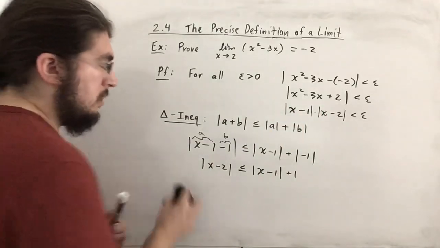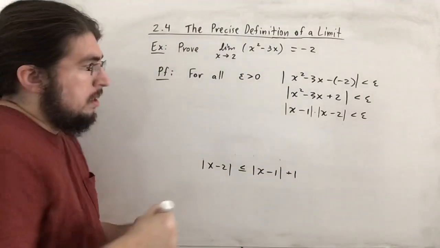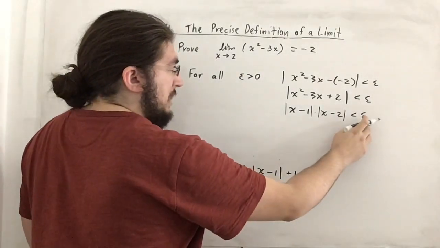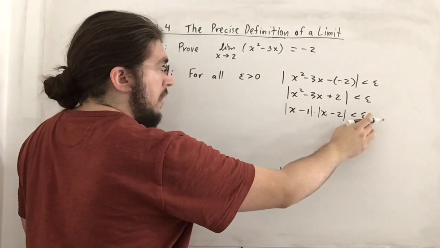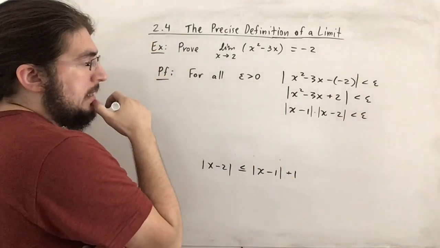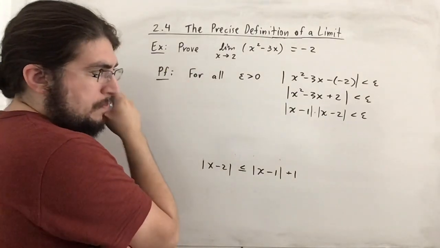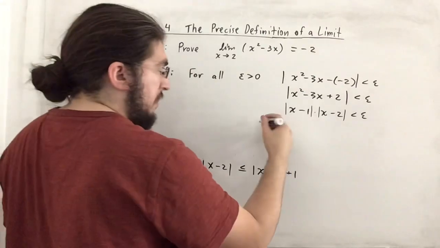So let me just do that right now. Remember, it's less than epsilon. It's for every epsilon, so that's given to us. I think we'll be okay, but let's think for a moment here.